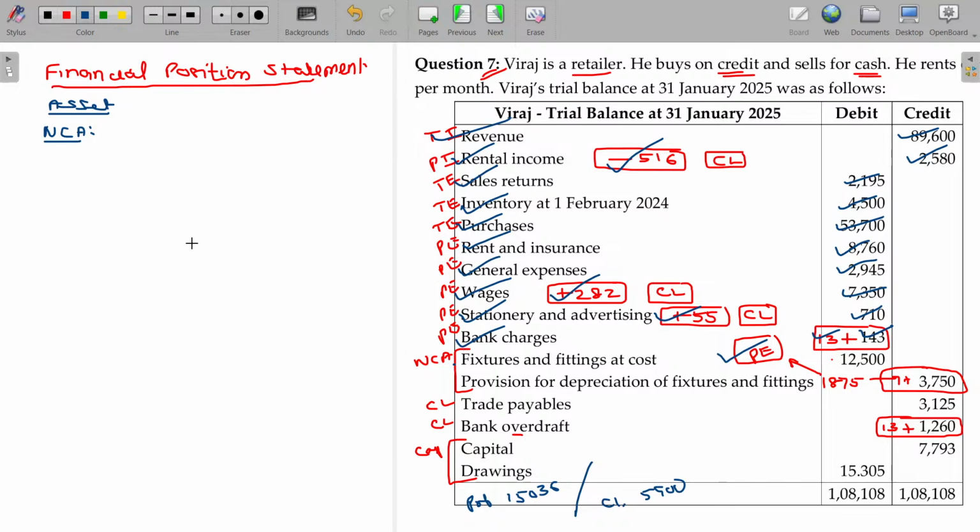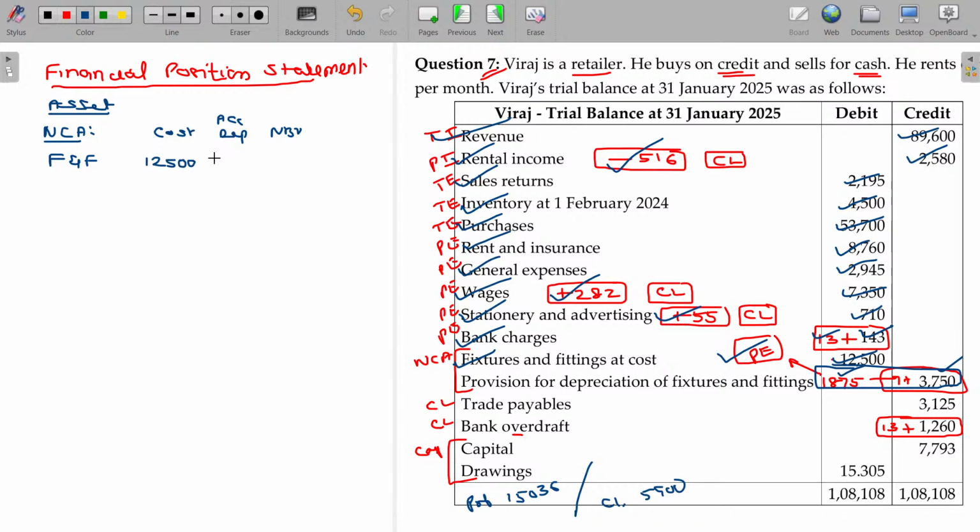Here we need to have 3 blocks. In case of non-current asset: cost, accumulated depreciation or provision for depreciation, net book value. So we have fixtures and fittings, the value being 12,500. And accumulated depreciation 3,750, with that this value should also be added.